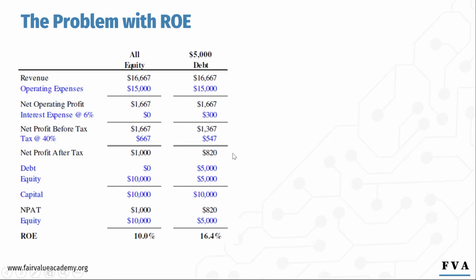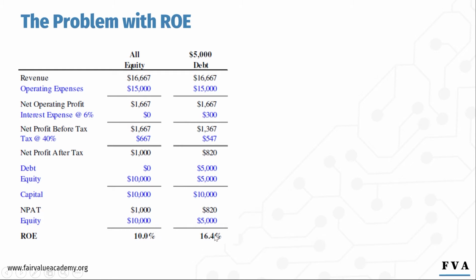When we calculate ROE in this example, we see that the second company looks more attractive as it has a higher ROE. But this is solely because of its debt. We're taking net profit divided by equity of $5,000, whereas in this example, you're taking net profit divided by equity, which is much larger.